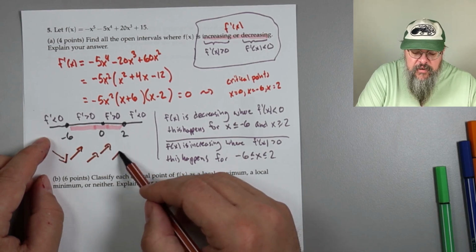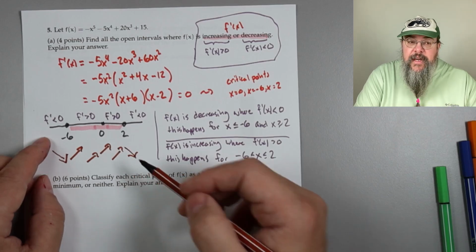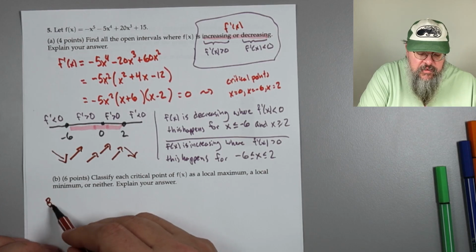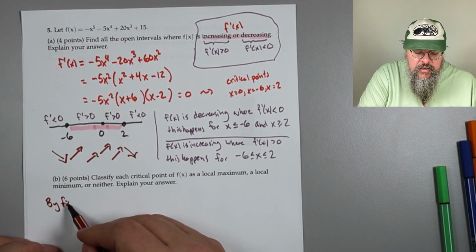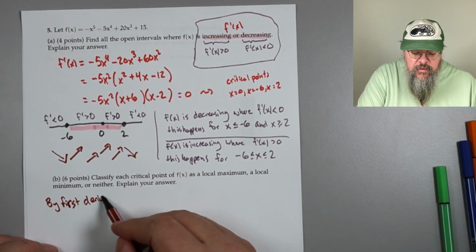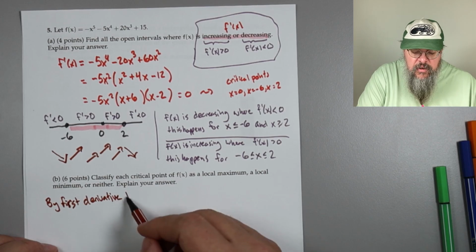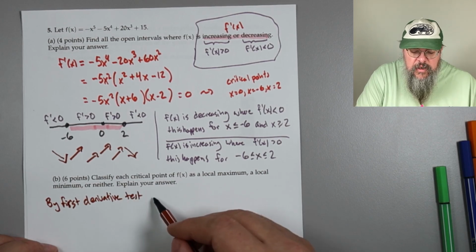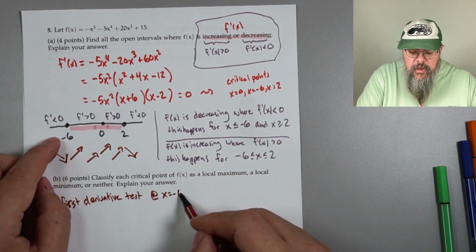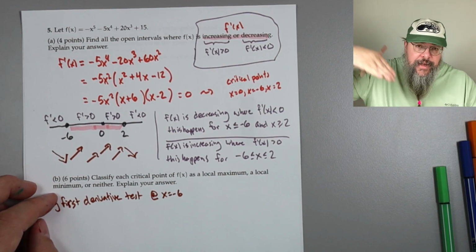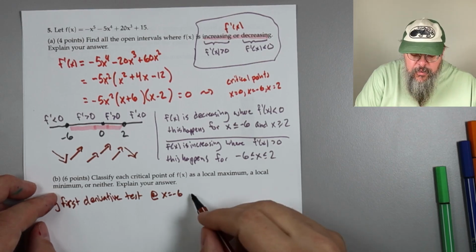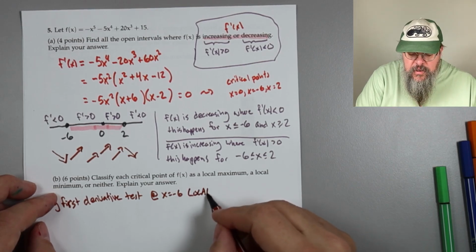And then you see a positive, negative, up and down. So, by the first derivative test, we can do classification. We see that at -6, we're going down then up, down then up. So we are a local min.